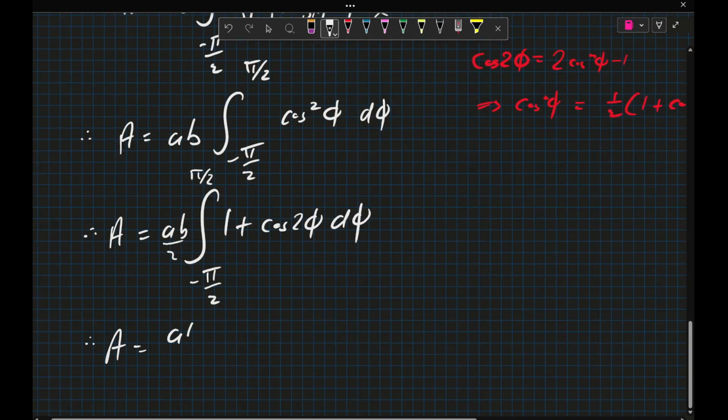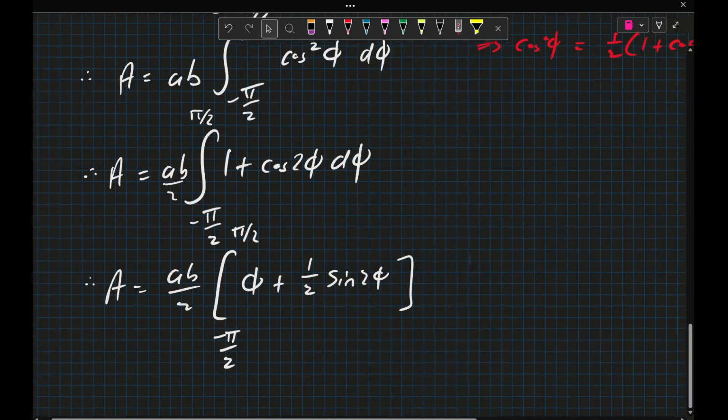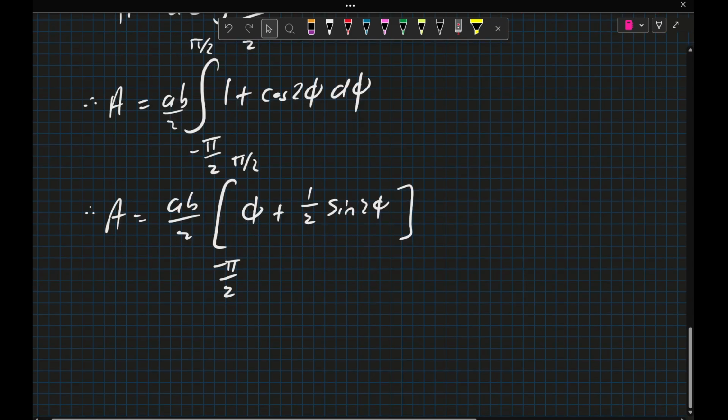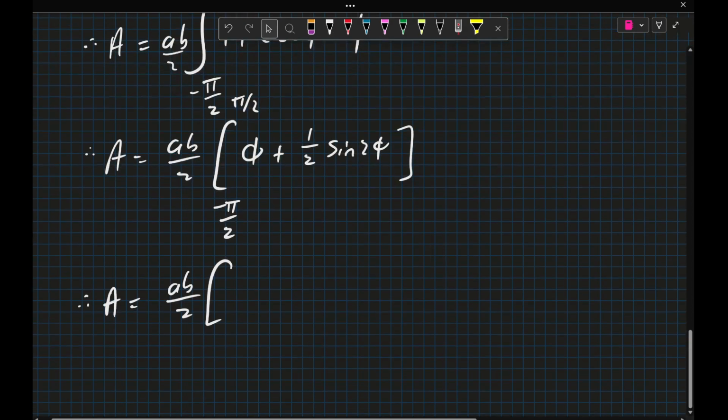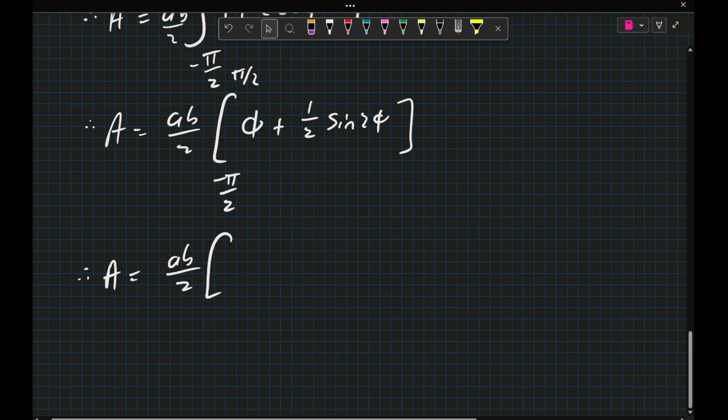So we have A is ab over 2. But now I'm actually going to evaluate this integral because it's fairly trivial. We're going to get phi plus 1/2 sine of 2 phi. If that's not clear, then we probably should go back and look at a simple u sub, but also the formulas are in the log tables anyway. So that should be okay by this stage. If you're looking at this video, then it should be clear why cos 2 phi integrates to 1/2 sine 2 phi. So now we're evaluating between minus pi over 2 and pi over 2.